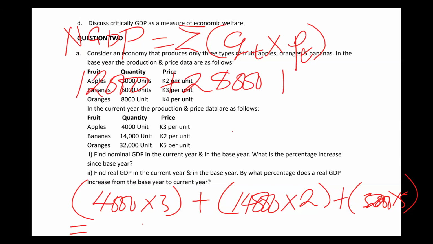Plus the other one, 32,000 times 5, giving us what? 5 times 2 is 10, put 0, remainder 1. 5 times 3 is 15, plus 1, 16, so 160,000. Are you finding the same?